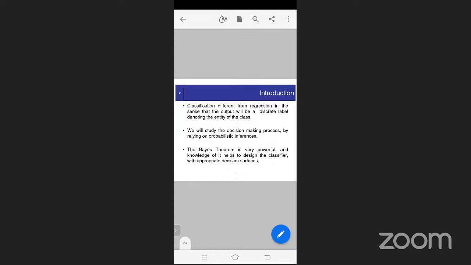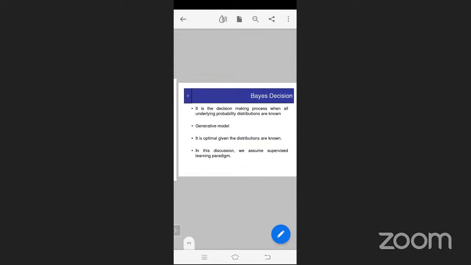The Bayes rule is very powerful, and knowledge of the Bayes theorem is going to be used to develop the classifier with appropriate decision surfaces. It's a generative model, and it is going to be the optimal model if the distributions are known. And it's going to follow the supervised learning paradigm.